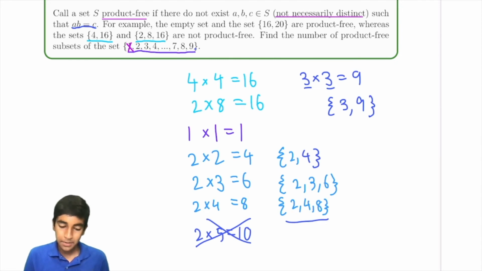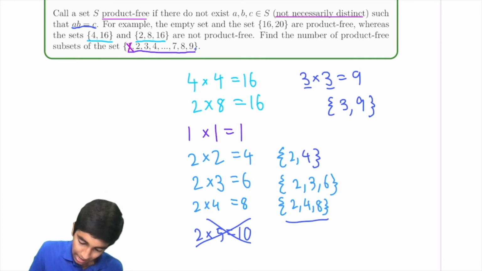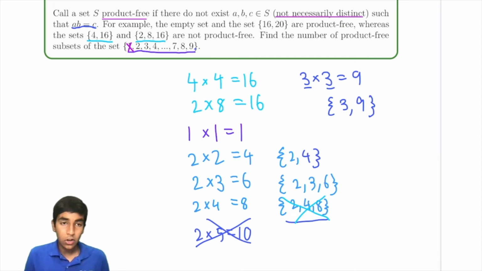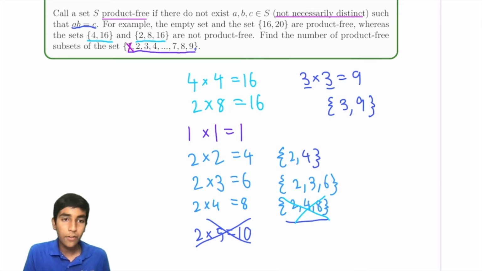So we don't really care about this, because anything that doesn't contain 2 and 4 already won't contain 2 of the pieces you need for this product to be true. And without both 2 and 4 being there, there's no way for this product 2 times 4 equals 8 to be possible, since you need 2 and 4 plus an additional 8. Okay, so there's no other redundancies, as you can see here, because all of these have their unique numbers.